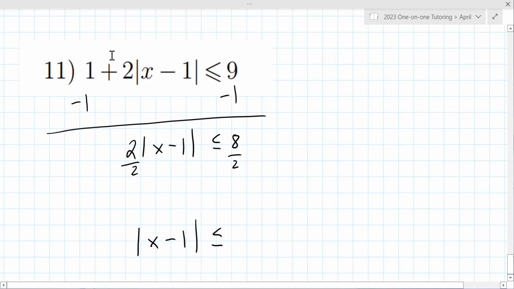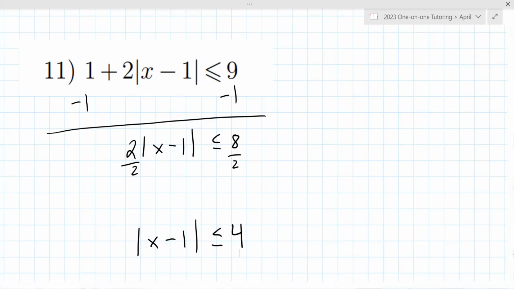You can move stuff out, which maybe you didn't know or didn't need to know, but this is now much easier. -3 is less than or equal to x less than or equal to 5.